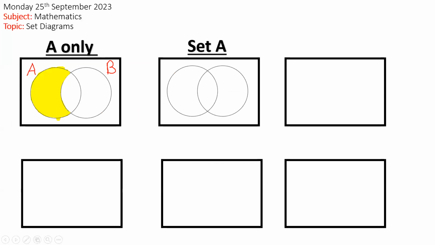Set A is all the elements within set A. So how would we shade it, how would we represent that on a diagram? So let me first label A and B. We call this set A. We call this set B.